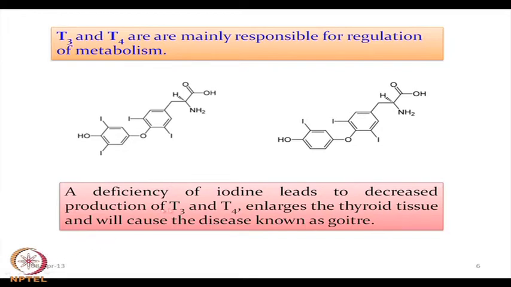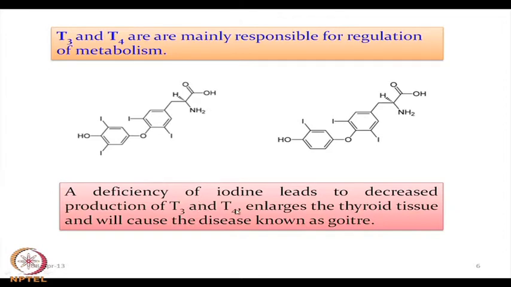If we have some deficiency of iodine, that means a deficiency of iodide ion as we consume it in our body, then less iodination can take place. The bisphenol type of molecule can form, but the iodination reaction cannot take place, and the real hormone is the molecule having these iodine derivatives.